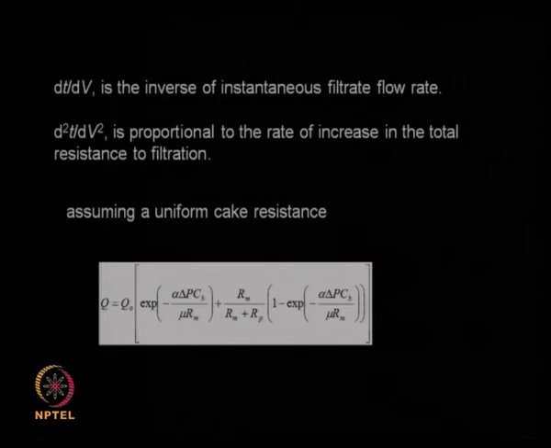So if you assume a uniform cake resistance, then we can integrate that equation and we end up with an equation like this with the exponential term. That means the flow rate will keep uniformly decreasing. Let us look at what each term is in the next slide.